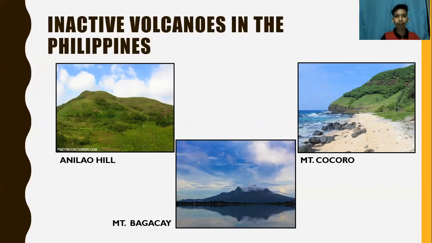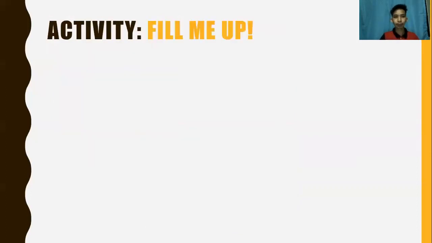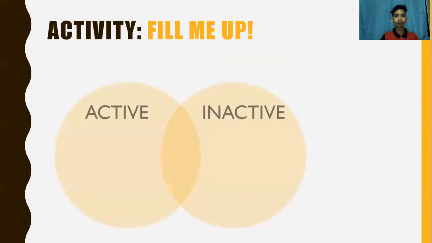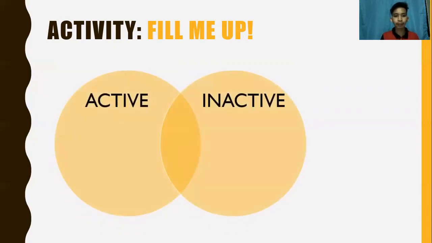Now, let's test your knowledge about active and inactive volcano. Let's see if you learned something. I have here an activity entitled Fill Me Up. Complete the Venn diagram below. You have to differentiate active from inactive volcano. In between them, you have to write down the similarities between the two types of volcano.